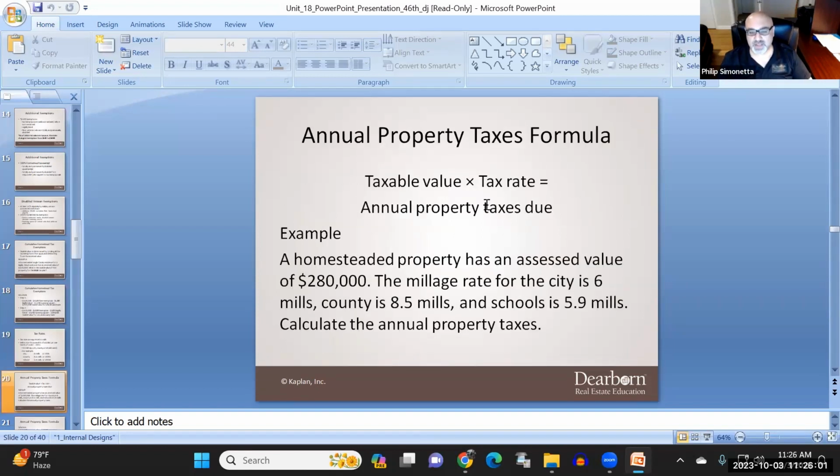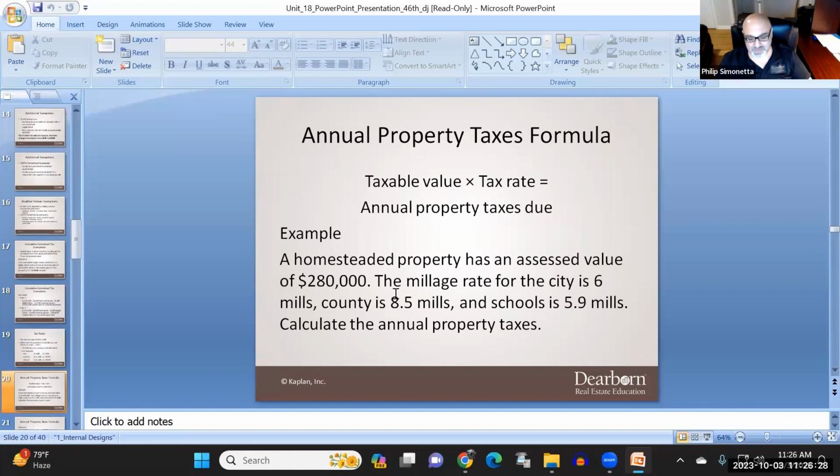So let's look at a calculation. The annual property taxes formula: the taxable value times the tax rate equals the annual property taxes due. An example: a homesteaded property has an assessed value of $280,000. The millage rate for the city is 6 mills, the county is 8.5 mills, and the school is 5.9 mills.